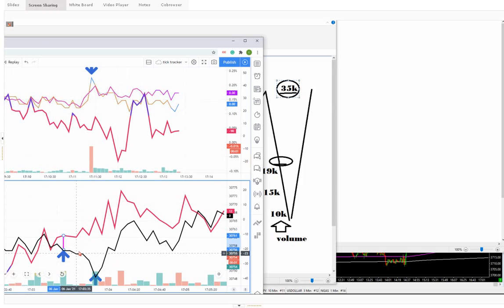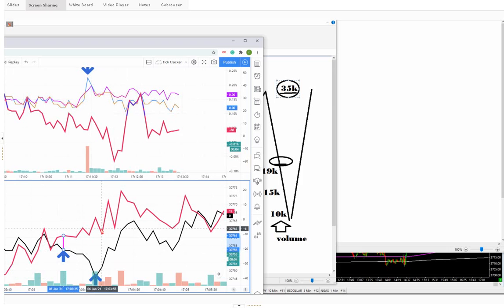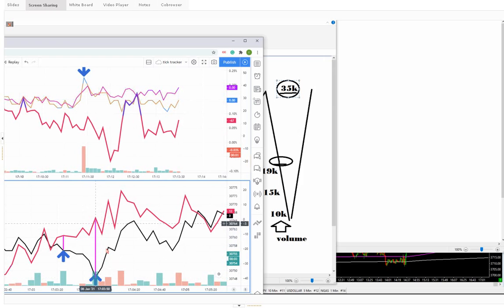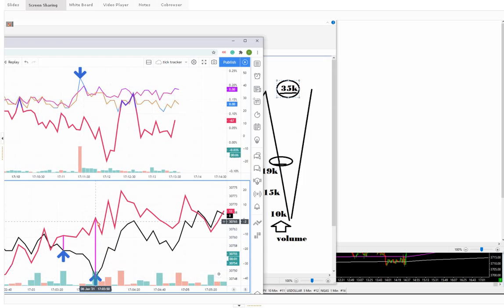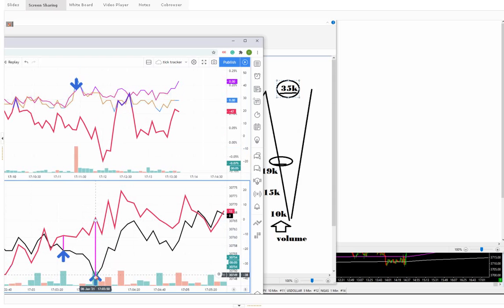But if I said to you on this trade here, have you got enough alpha to do that trade there? In other words, is there any chance that this red line could actually wipe out the gain on the black line inside of one candle? Probably not, right?